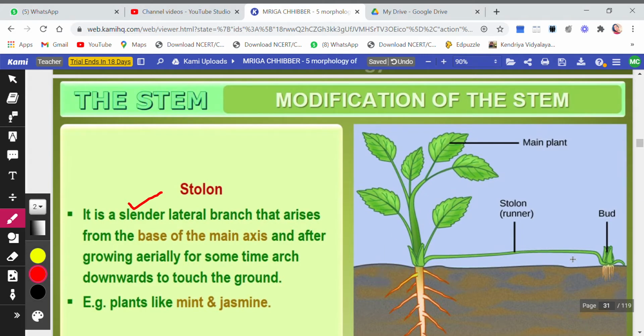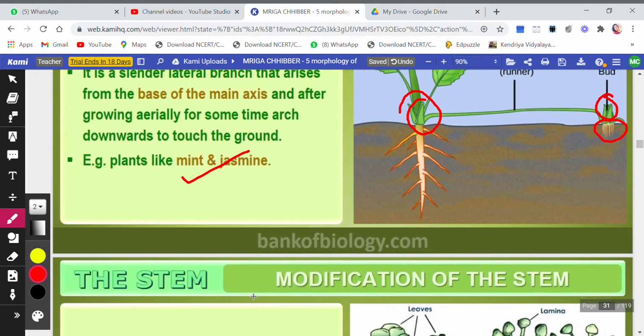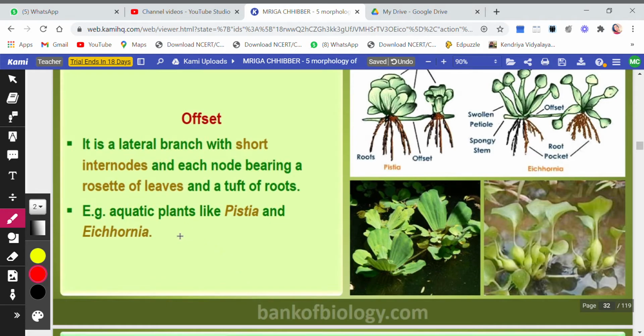This is a lateral, horizontal branch that arises from the base of the main axis, and after growing aerially, for some time it arcs down, that is, it bends, and after bending, wherever it attaches to the ground, roots develop and a bud develops there. Now it will behave as a new plant. So it touches the ground. Examples: mint and jasmine.